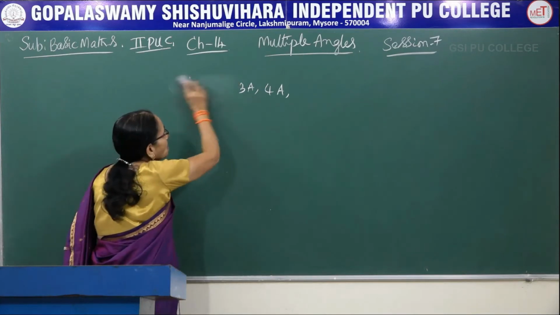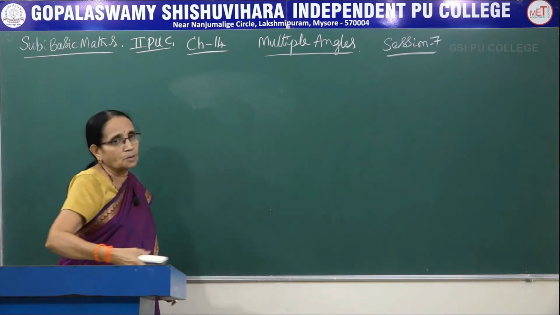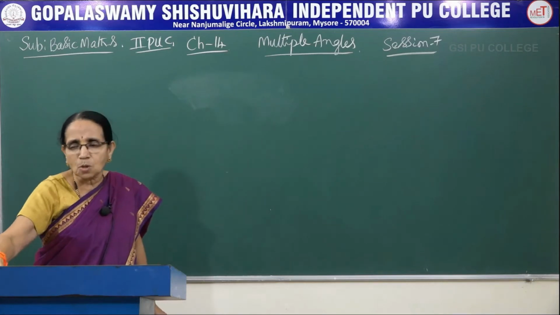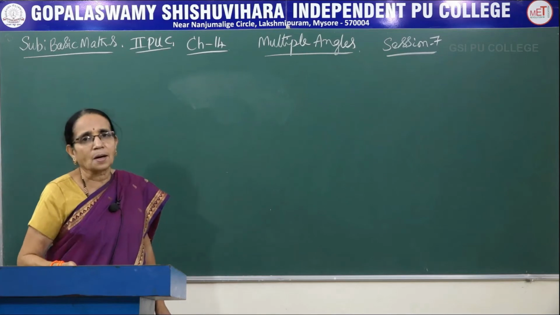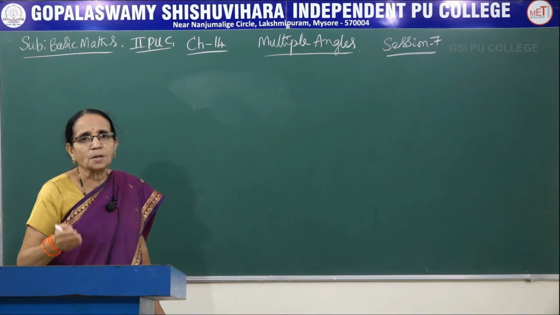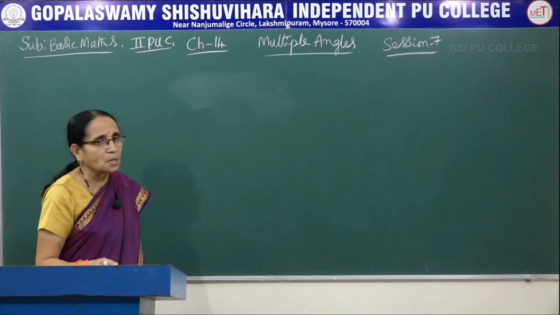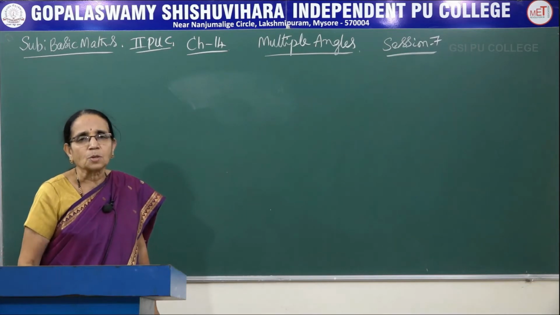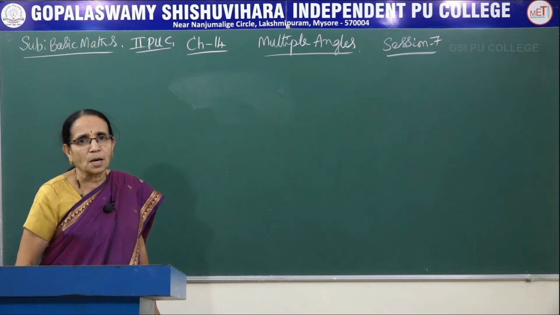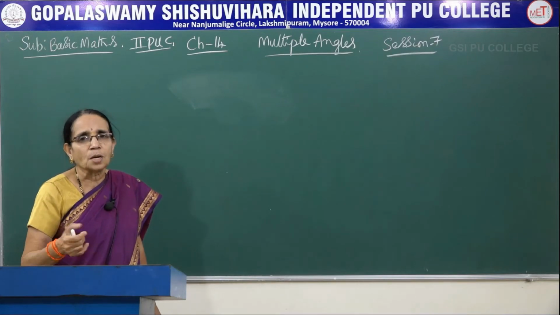Now, in this topic, I am going to teach you the formulae for the multiple angles 2A as well as 3A, because any other higher angle, 4A, 6A, like that, can be written using one of them. Suppose 4A is given, you can write it as 2 into 2A. 6A is given, 2 into 3A.